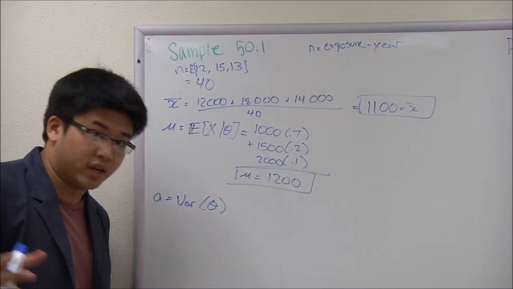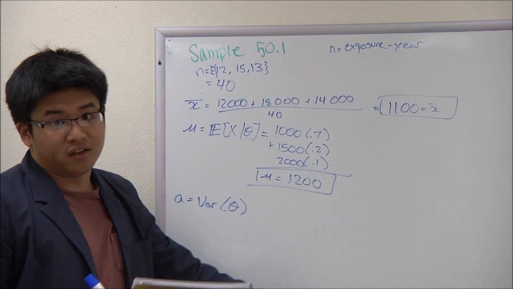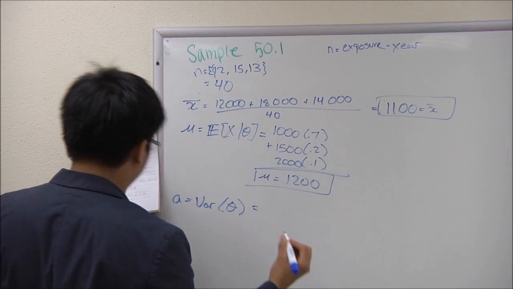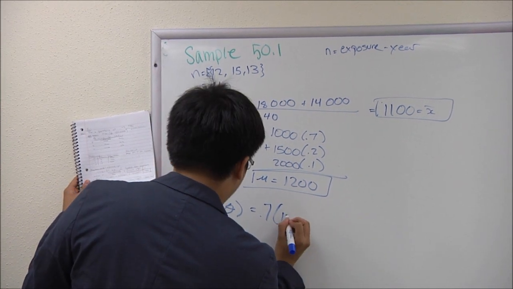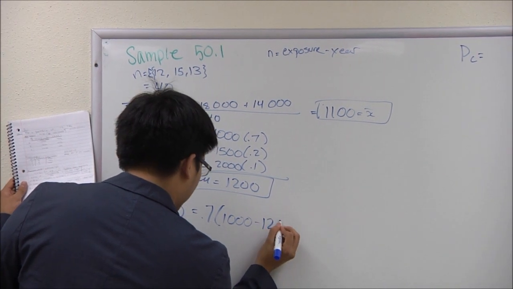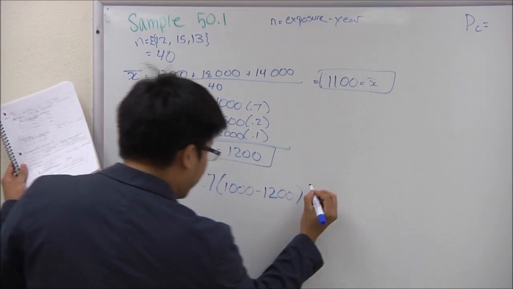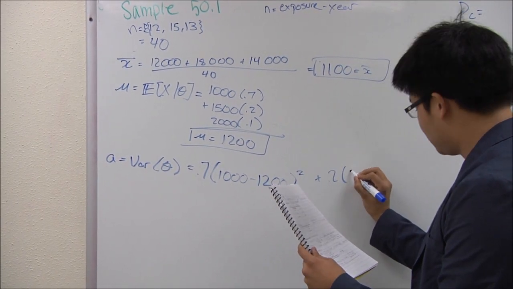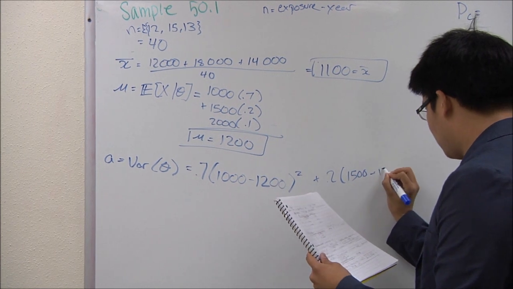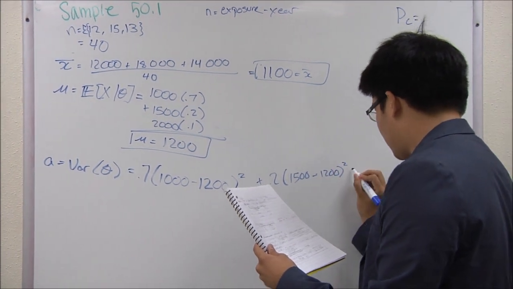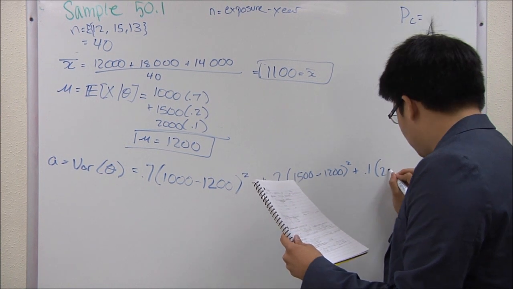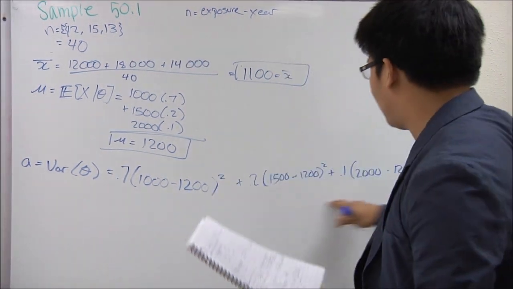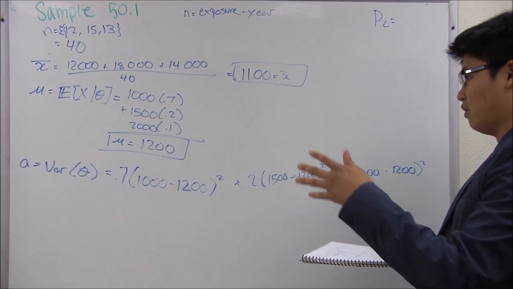If you remember your table of thetas from the last whiteboard slide, you can bust out a little Bernoulli method right here: 0.7 times (1,000 minus 1,200) squared, plus 0.2 times (1,500 minus 1,200) squared, plus 0.1 times (2,000 minus 1,200) squared. This is just a formula for calculating your variance.